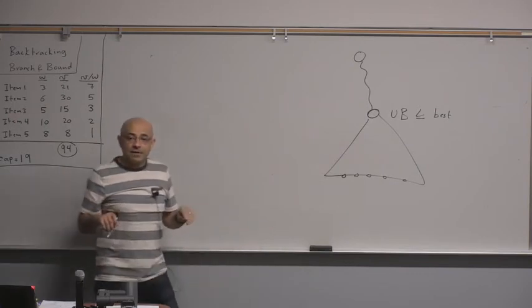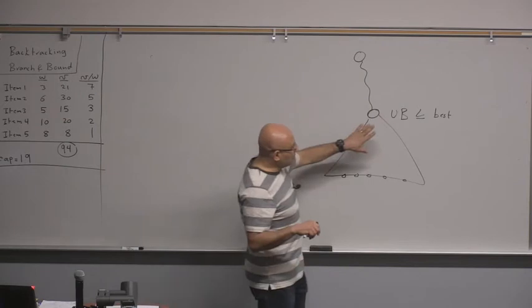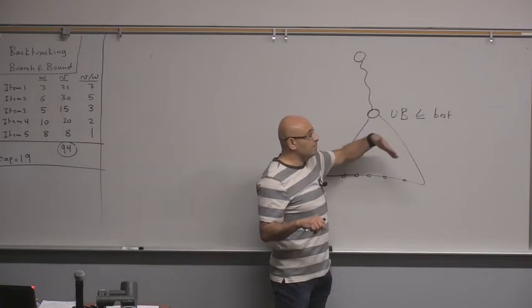This is the idea of branch and bound in general. Now, what kind of optimization problems am I implying here?